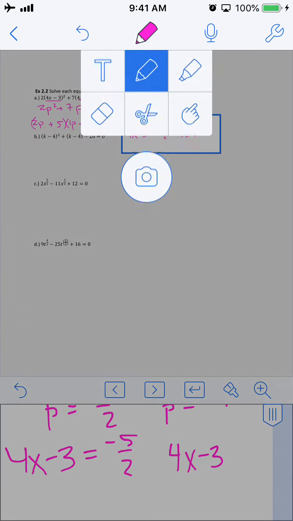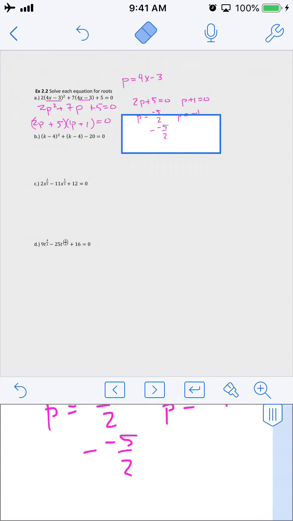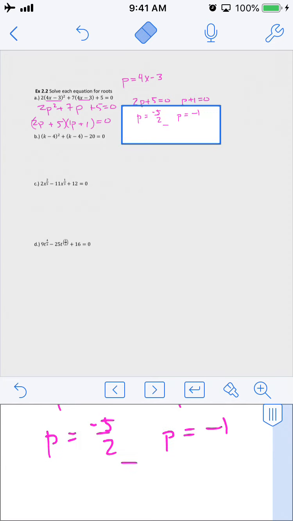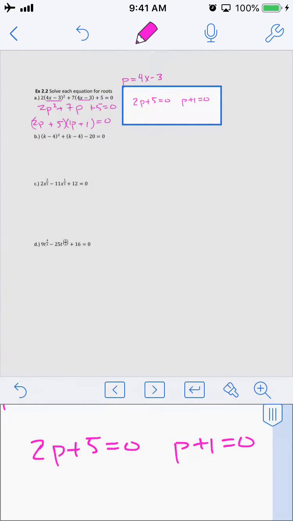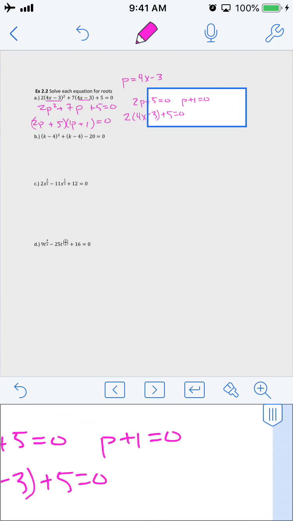Instead, I'm going to not solve it yet, but sub it back in instead. So 4x minus 3 plus 5 equals 0, and 4x minus 3 plus 1 equals 0.